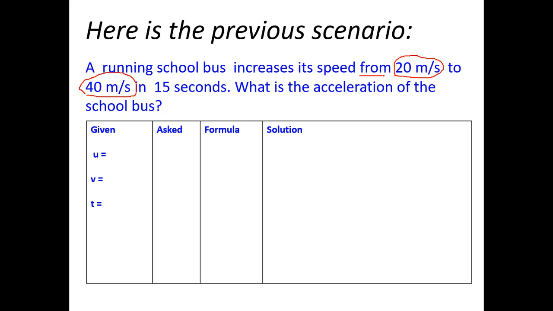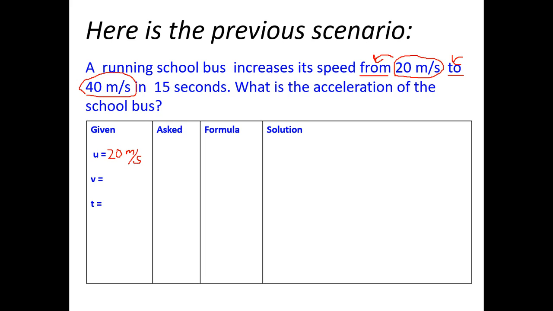You have to take note of the words "from" and "to." The word "from" indicates beginning, and "to" indicates ending. So if you look at the given, U is equal to 20 meters per second.